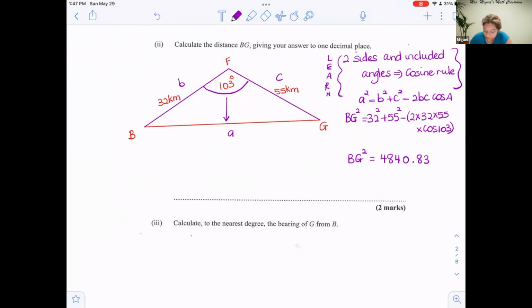So therefore, BG is the square root of 4,840.83.